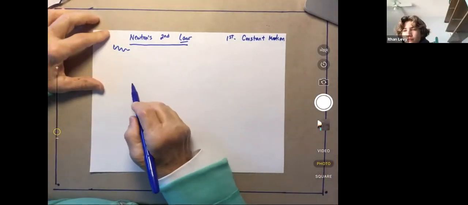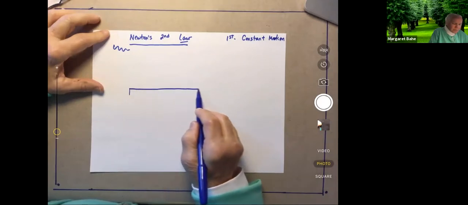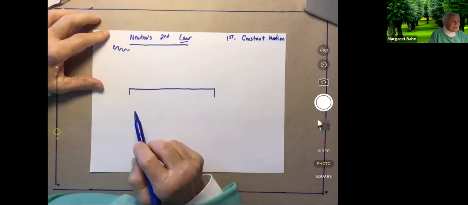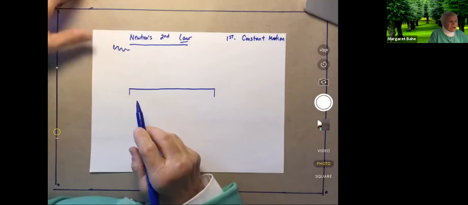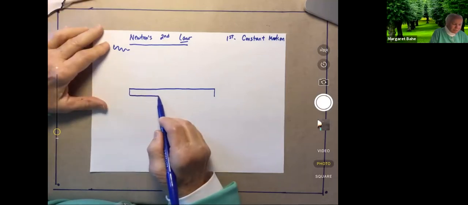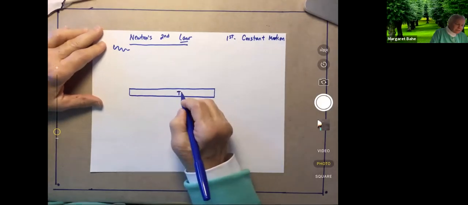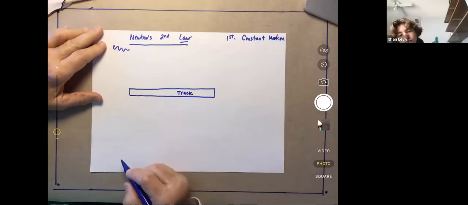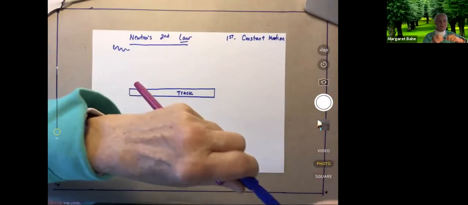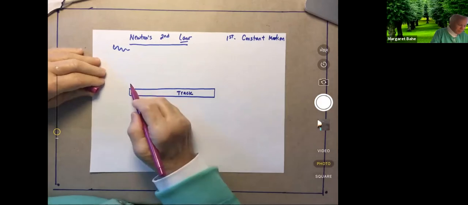So here's what we're going to be using. If you want to, on page 183, where it says draw and label a picture of the setup, that's where this might belong. This is going to be the track here. And then we're going to use a sensor that I don't think we've used before.